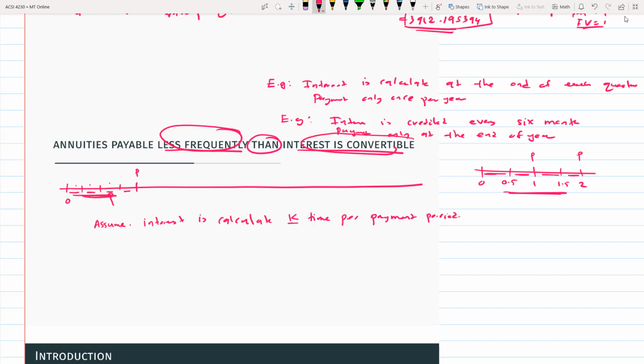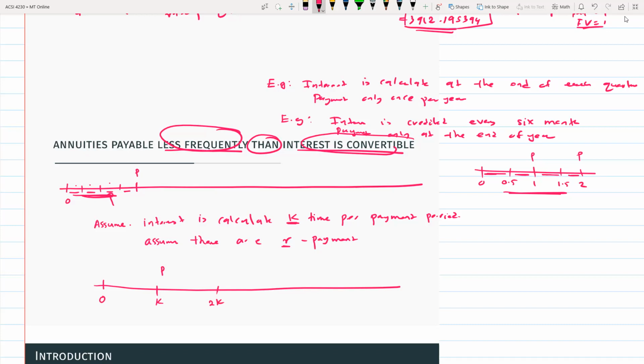So then for the payments, assume there are R payments. K is how many times interest is calculated per payment period, and R is the total number of payments. So if I draw the timeline, it will look like this. Here you get a payment. The K means your interest is calculated K times per that payment period.